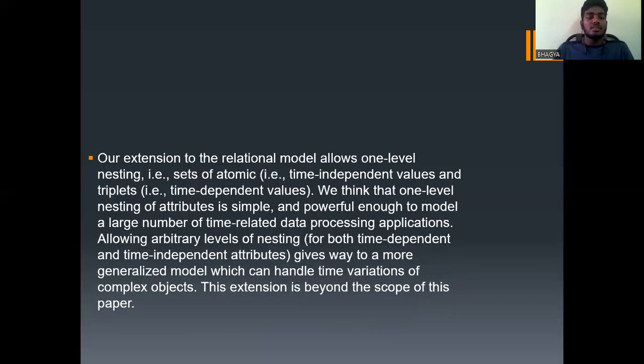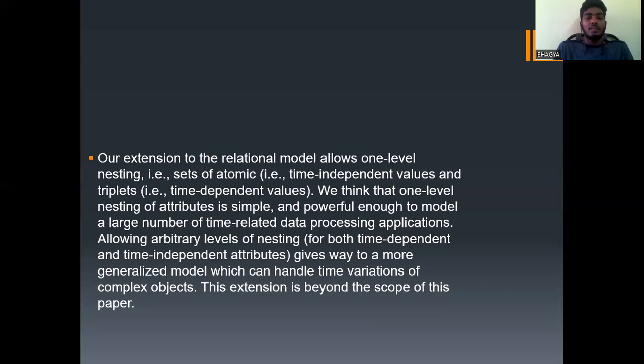Our extension to the relational model allows one-level nesting, that is, sets of atomic, time-independent values and triplets, that is, time-dependent values. We think that one-level nesting of attributes is simple and powerful enough to model a large number of time-related data processing applications.